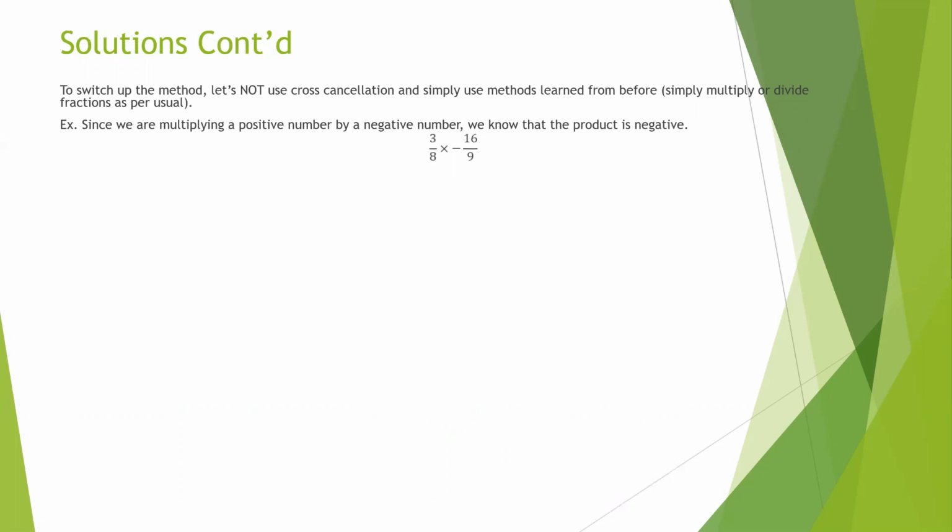So in this example, as I mentioned already, you know that the product will be negative because we're multiplying a positive by a negative. Because it's negative, you definitely do not need to put a negative sign in front the whole way through. Simply put the negative sign in front of the whole entire answer, right at the very front. So you have 3 over 8 times 16 over 9.